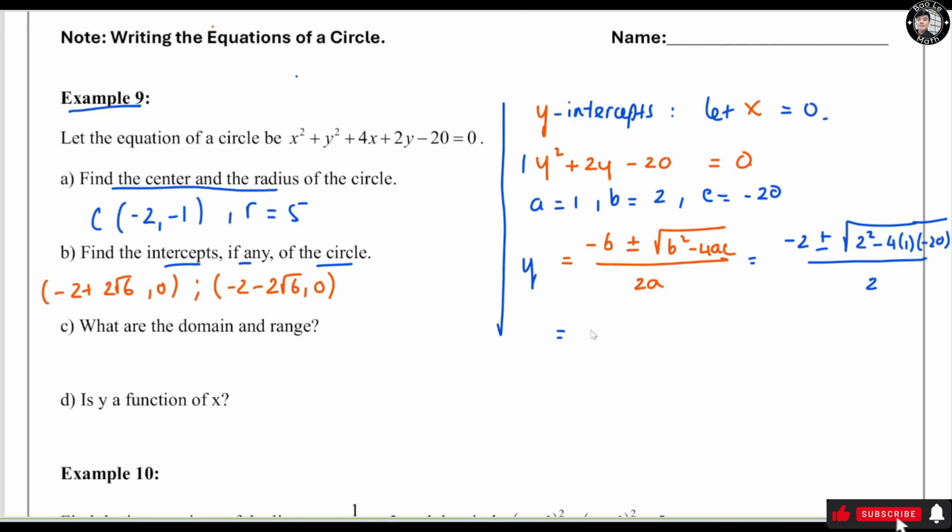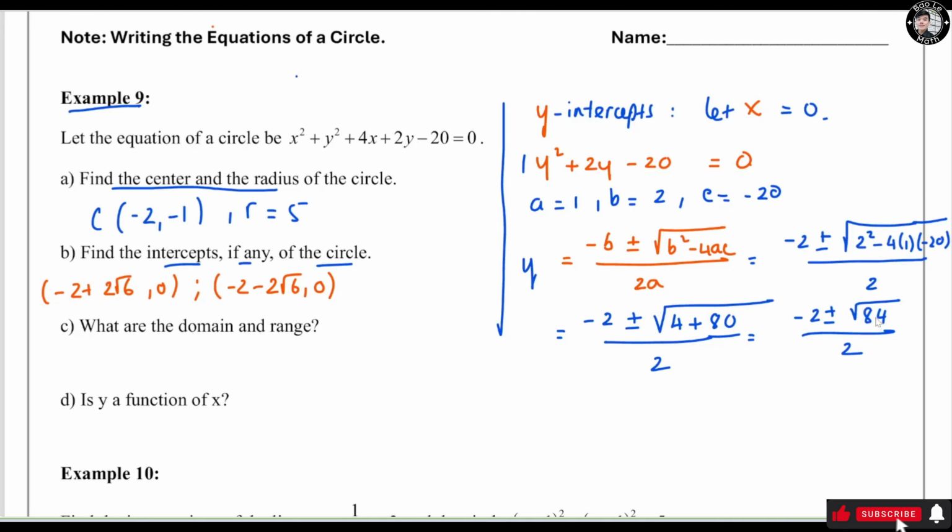So it's going to be negative 2 plus or minus the square root of 4 plus 80, right? Over 2. It's going to be negative 2 plus or minus the square root of 84 over 2.